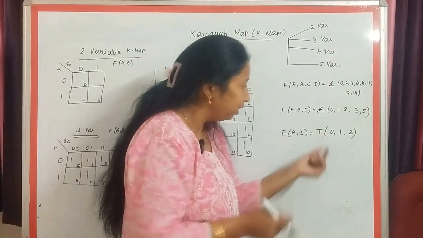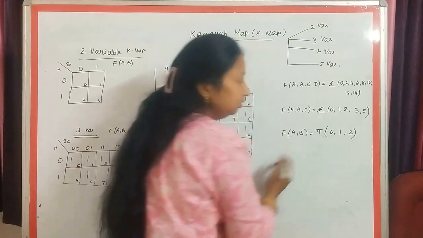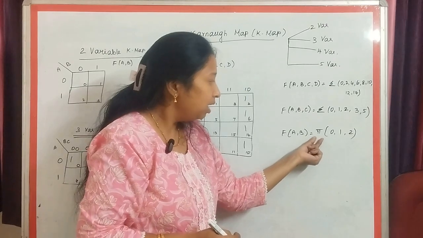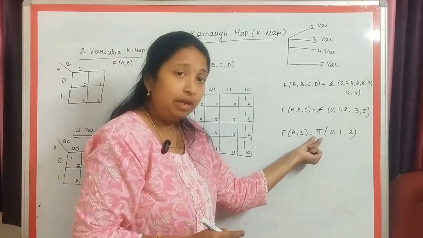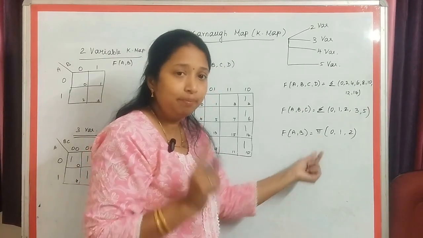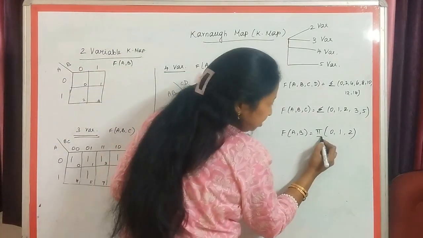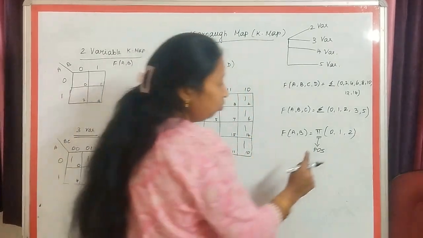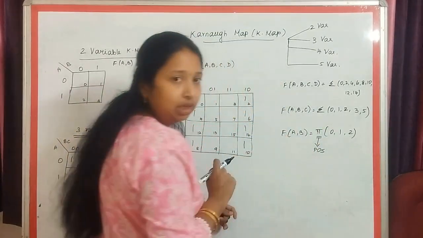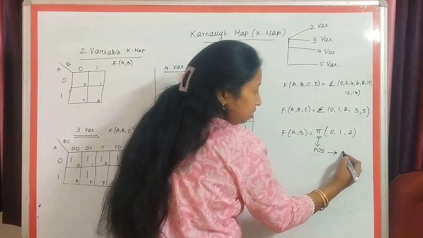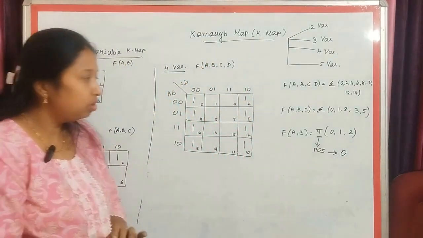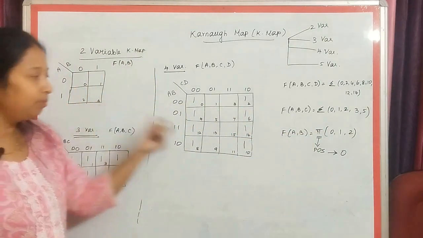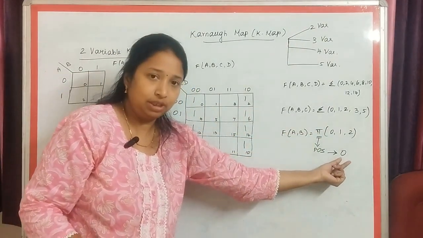I have to identify what is this symbol here. And based on it, I'll find out whether it is an SOP or a POS. Now, here it is pi. If it is pi, then this is a POS, correct. If pi is mentioned, then it means it is a POS. If it is a POS, whatever number has been given here, you have to mention them using a 0. Those numbers are to be positioned inside the corresponding K-map using a number 0.